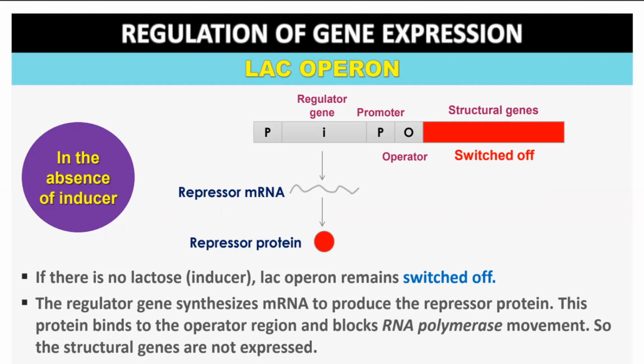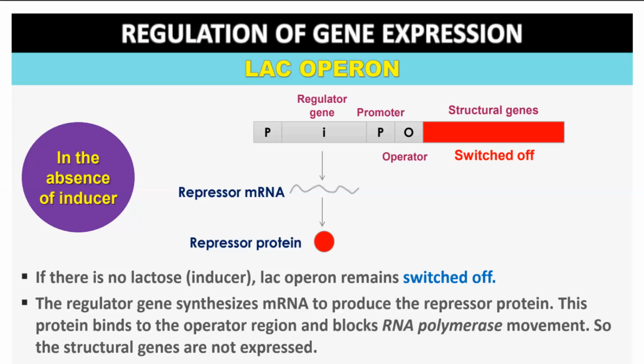If there is no lactose, there is no need for these genes to work, no wasting energy making beta galactosidase. What is the function of beta galactosidase? To break lactose. If no lactose, there is no need for beta galactosidase.